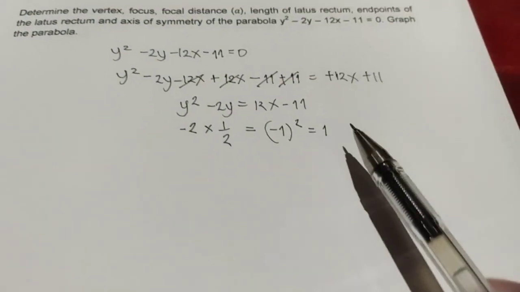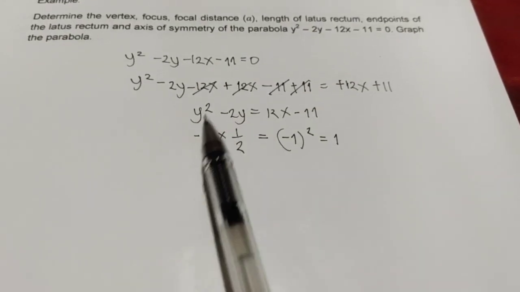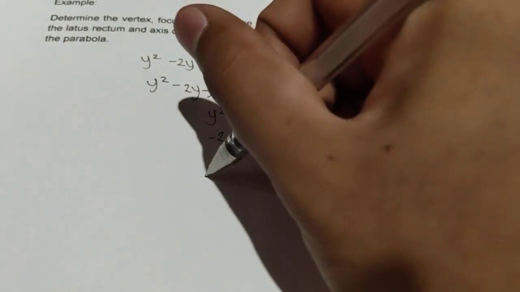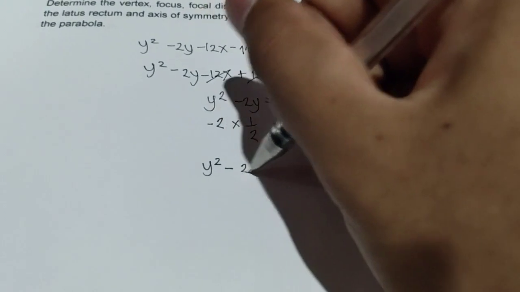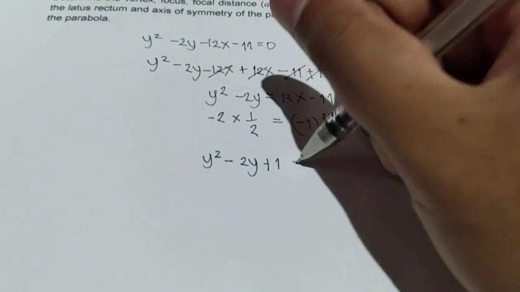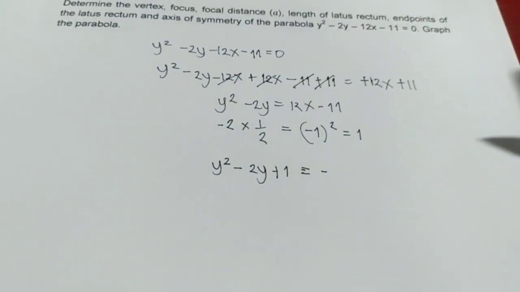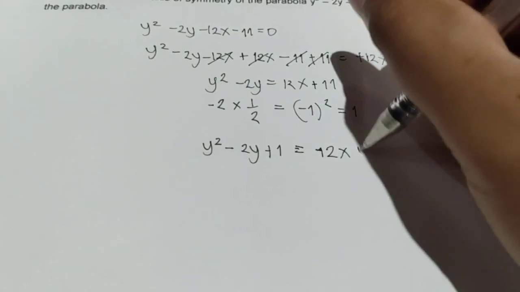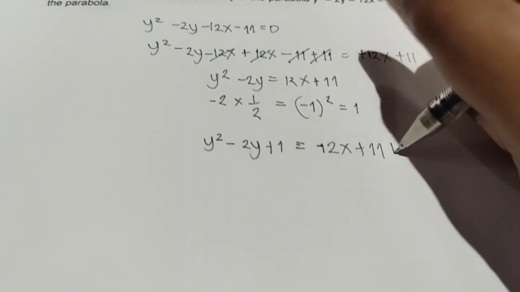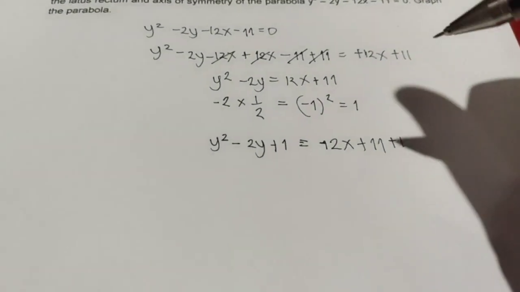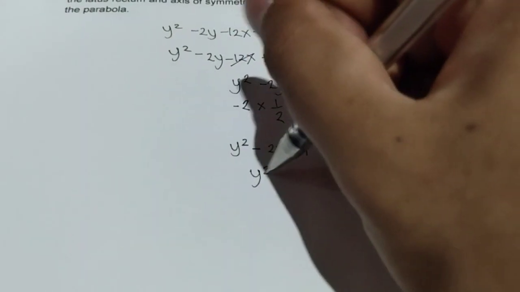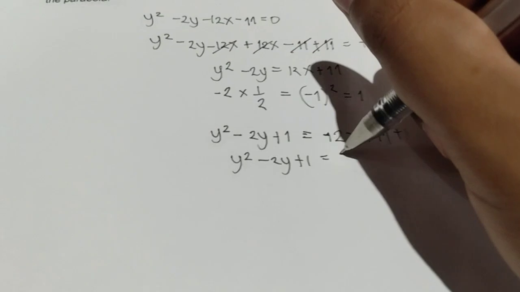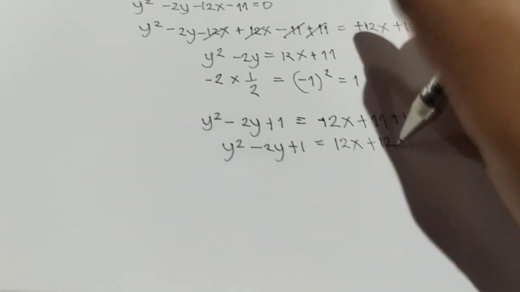So we are going to add 1 to both sides of the equation. Here, y squared minus 2y plus 1 is equal to 12x plus 11 plus 1. And then we have y squared minus 2y plus 1 is equal to 12x plus 12.